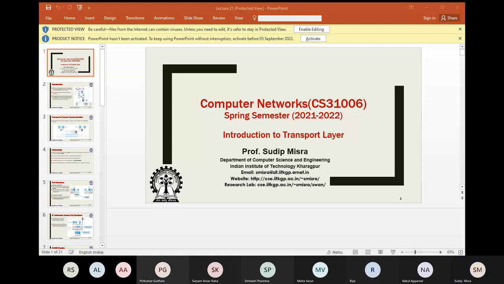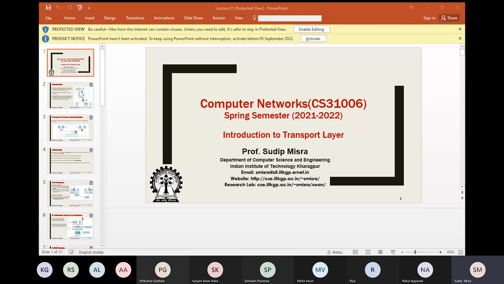Now, till yesterday, what you have learned is how to have the packets from the sender node, let us say host A, reach the destination node, which is host B, right? You know how to send the packet.